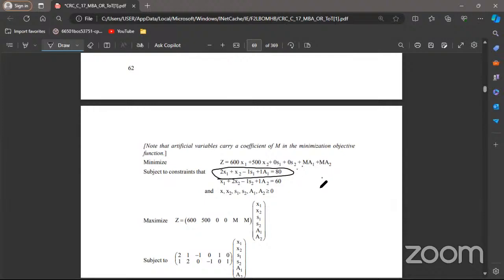If the objective is minimize, A1 will have plus M. If the objective is maximize, it will be minus M. You can write it down somewhere. You can remember it as opposite: minimize plus, maximize minus. Is that clear?